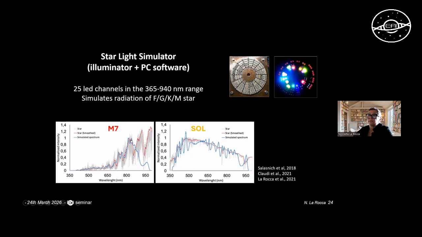Here in blue, the generated spectrum; in red, the smoothed spectrum generated from the starlight simulator; and here in gray, the star's spectrum. So the reproduction of the light spectra is really reliable, and they can reproduce the starlight spectra with very high reliability, up to 850 nanometers.